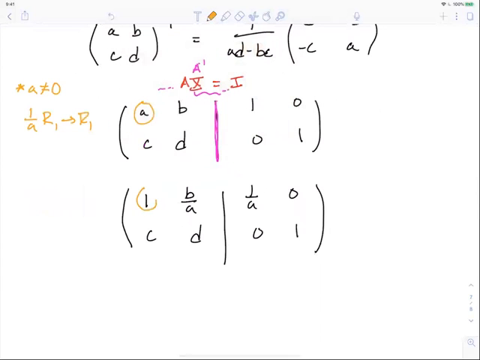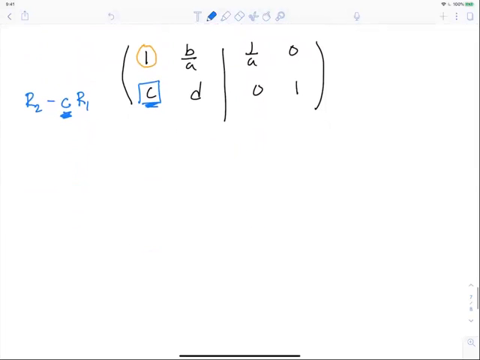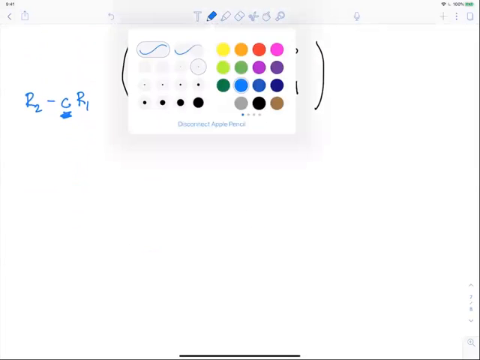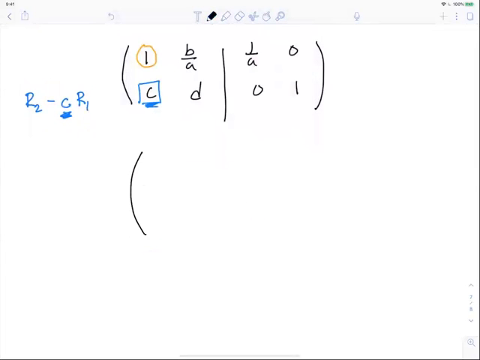And now just like before, we have that 1 that we want, but now we have this C we need to zero out. So we're going to take row 2 and subtract out C times row 1. So keep in mind that whatever coefficient is here is exactly the number that's here. If you scale then zero out, scale then zero out, that's what's going to happen. So what happens now?